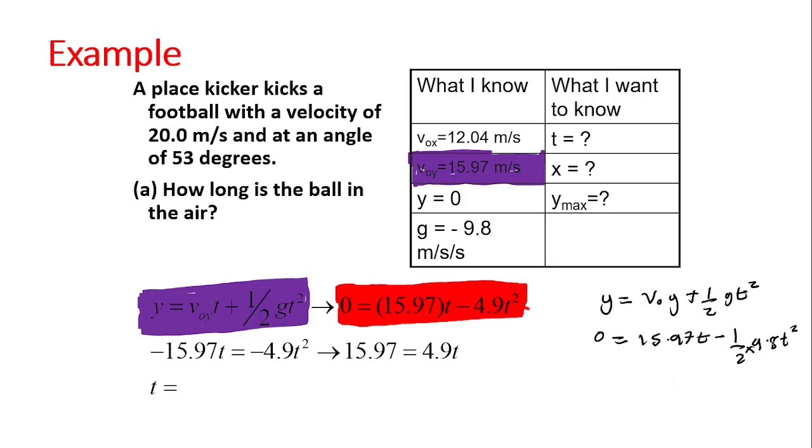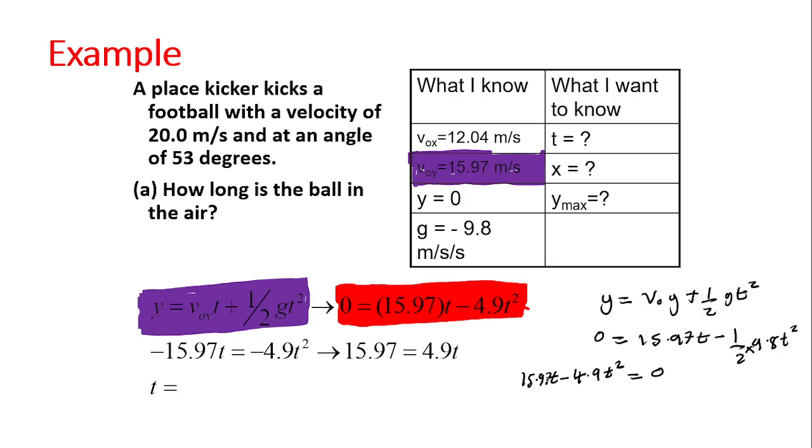Then this 2 into that is 4.9 t squared minus 15.97t, which is equal to 0. So this one can go to the other side, or that one can go to the other side.